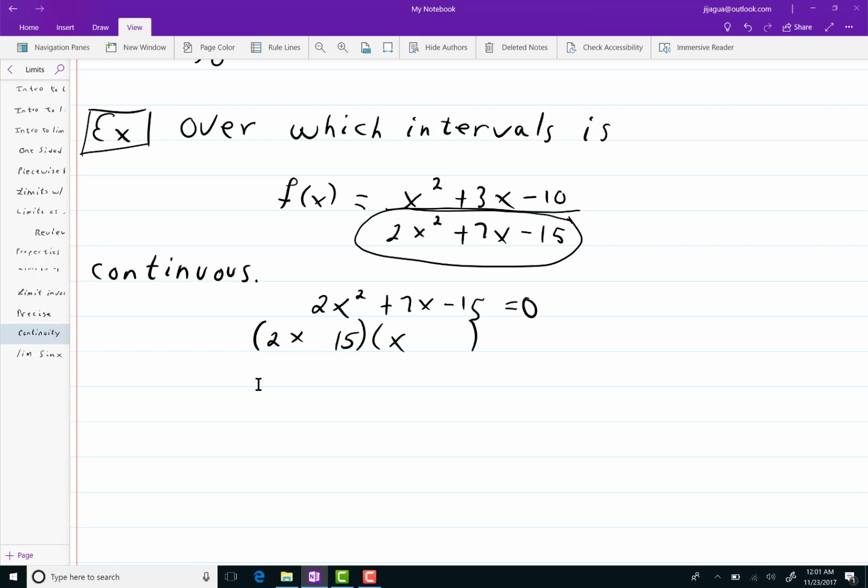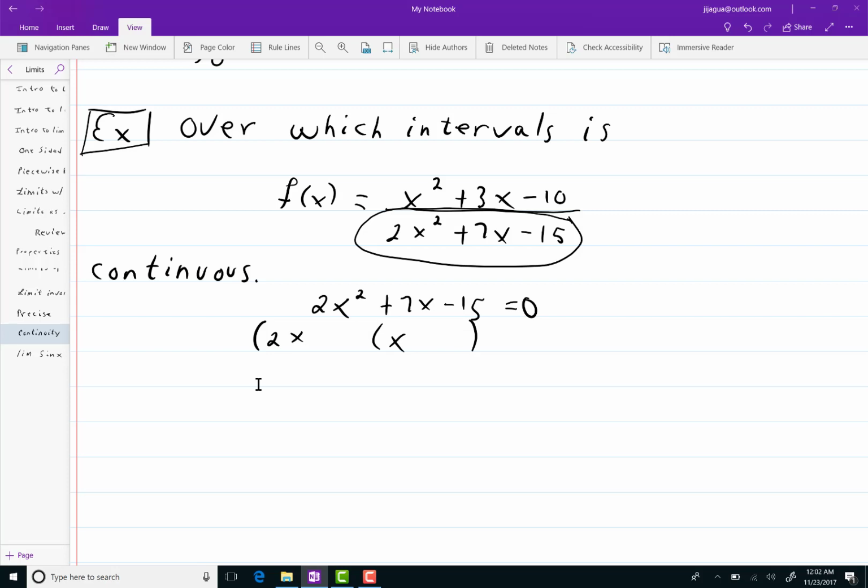And even if I swap them, put a 15 here and a 1 here, I'll get a 2x mixed with a 15x. So the best I'm going to get there is either 17x or 13x, positive or negative, of course. So pretty quickly, I don't like the looks of 15.